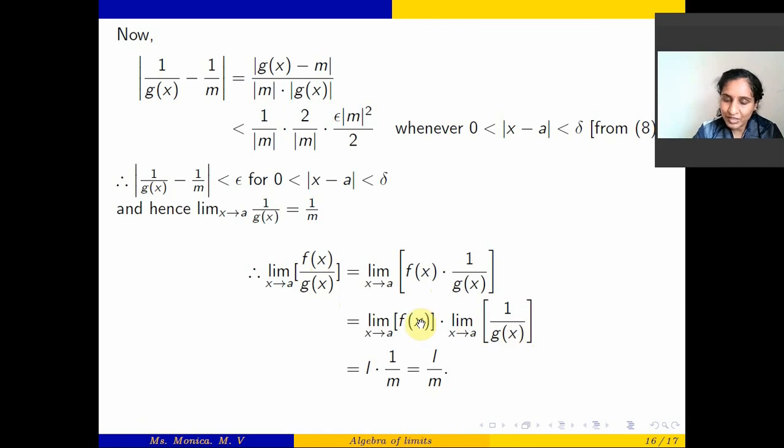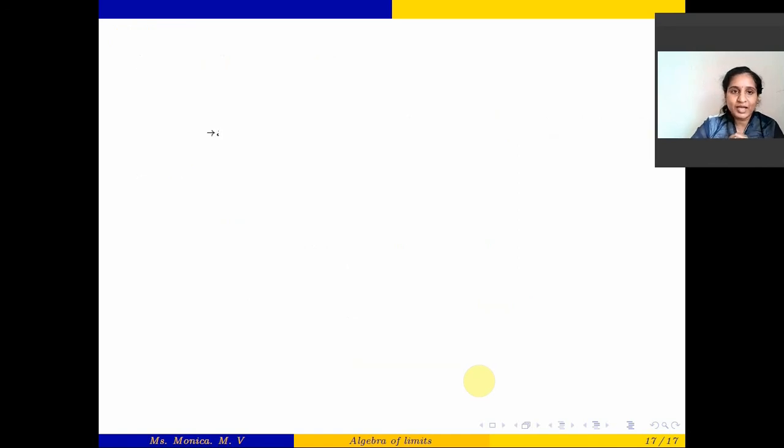What is limit of the first function? It is already given as L. What is the limit of the second function? It is given as 1 by m. Then take the product, this becomes L by m. So limit x tending to a f of x by g of x is equal to L by m. That was the last, fourth part we had.